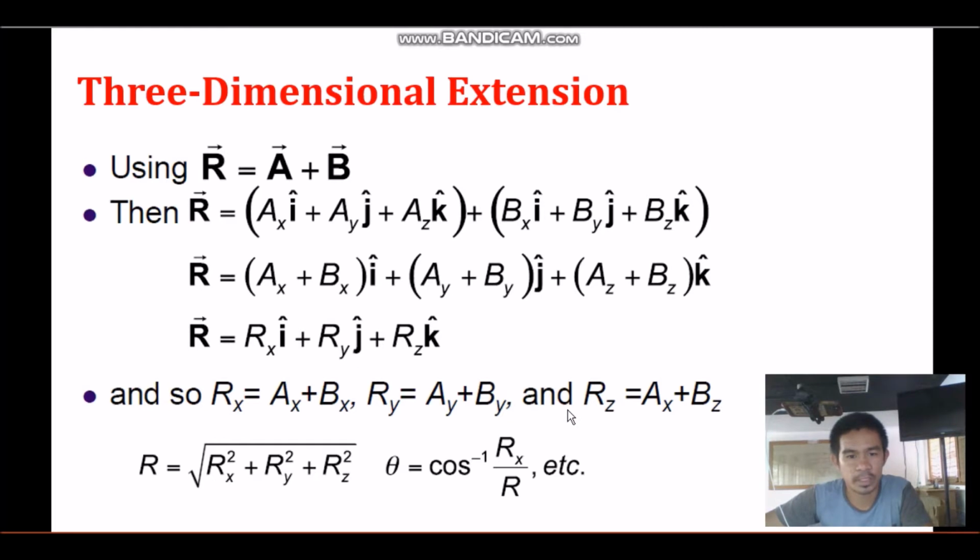And for the third component, the z component, we add all z components, and we have the z component of vector r. The magnitude of the three-dimensional vector is still a square root using the Pythagorean theorem: the square root of r of x squared plus r of y squared plus r of z squared. And the direction theta equals inverse cosine of r of x over the magnitude of r. So this is for the three-dimensional vector.